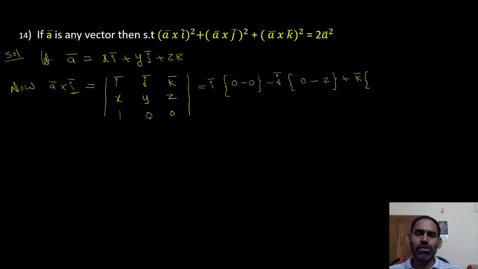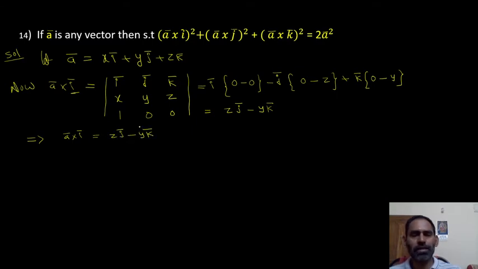So x into 0, 0, minus y into 1, minus y. So this is 0. Now J bar, minus yk bar, minus into minus plus J bar minus ky bar. What is this? A bar cross I bar. How much? Zj bar minus yk bar.